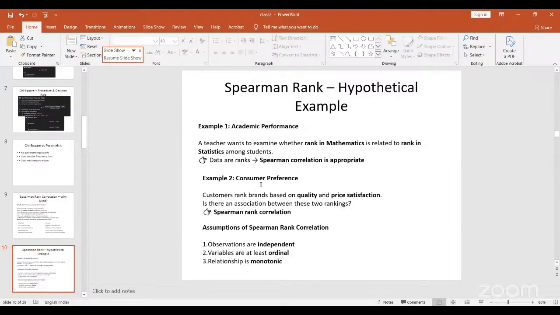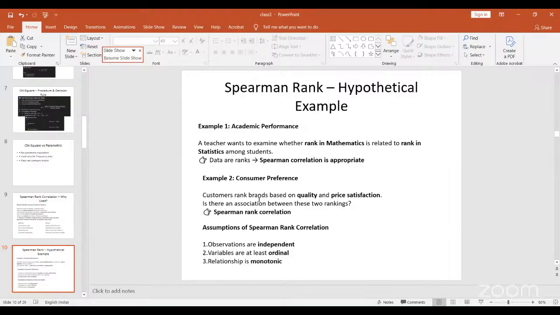For the next example, consumer preference: customers rank brands based on quality and price. Is there any association between the two rankings? We'll be looking at this. What are the assumptions? The observations must be independent, like the judges' decisions cannot be influenced by each other.